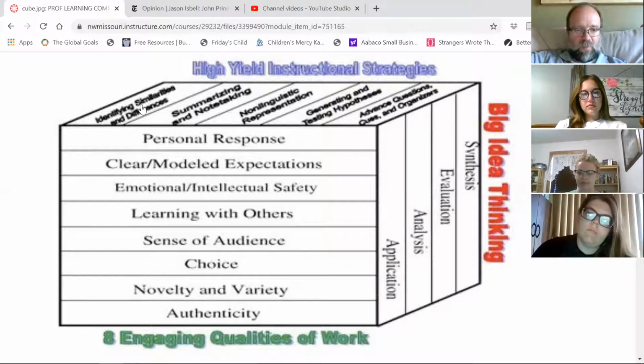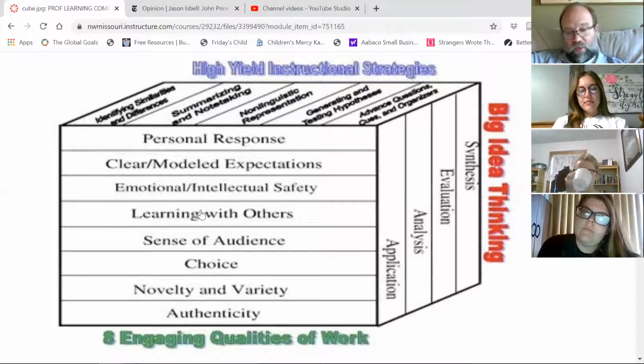I want them to do it by identifying similarities and differences. So we're going to analyze something using similarities and differences. And I think I also want them to be engaged by learning with others. So analyze using similarities and differences by learning with others.